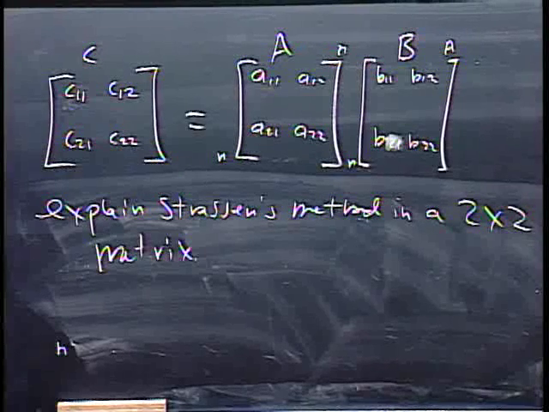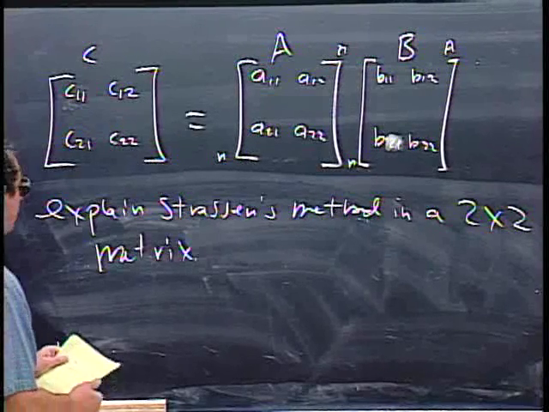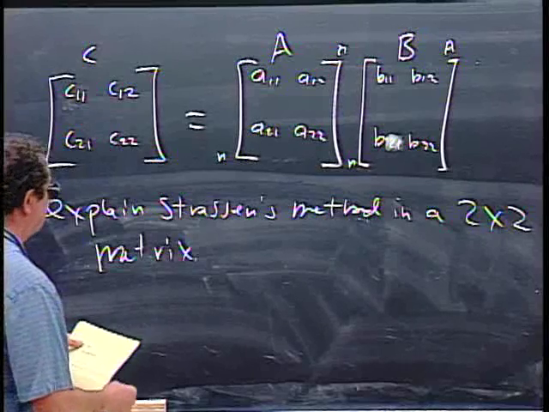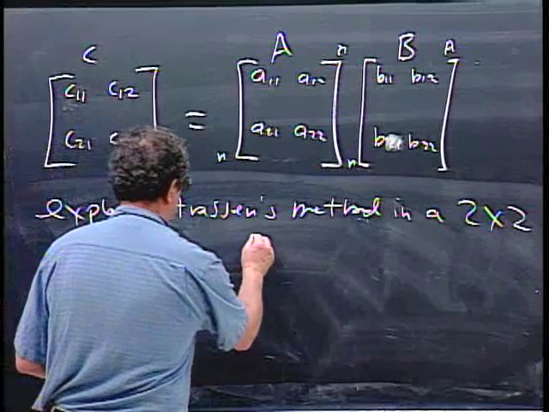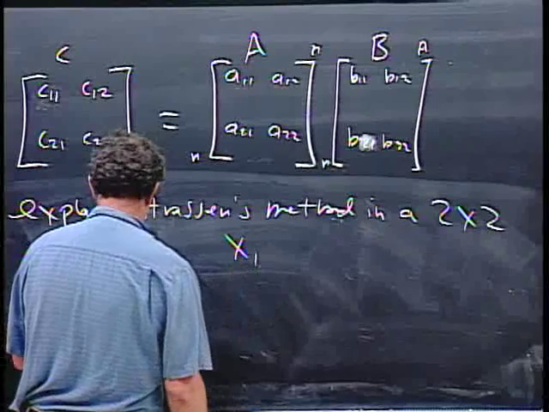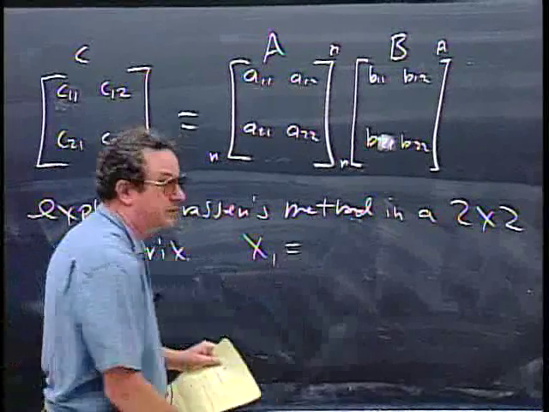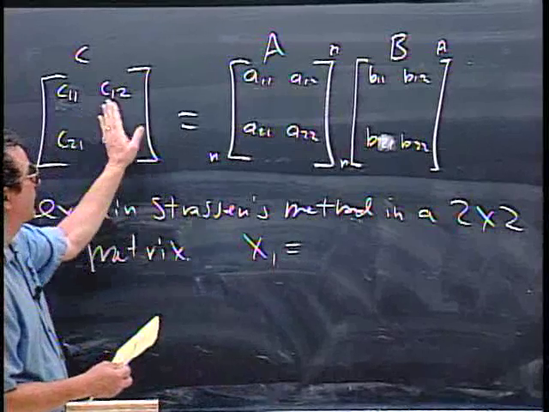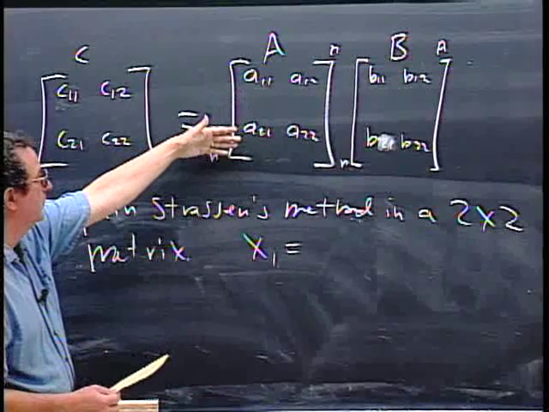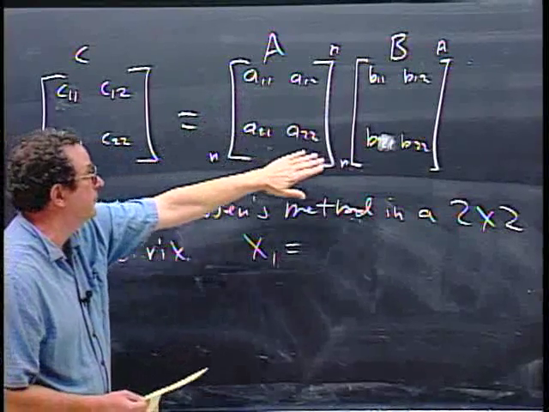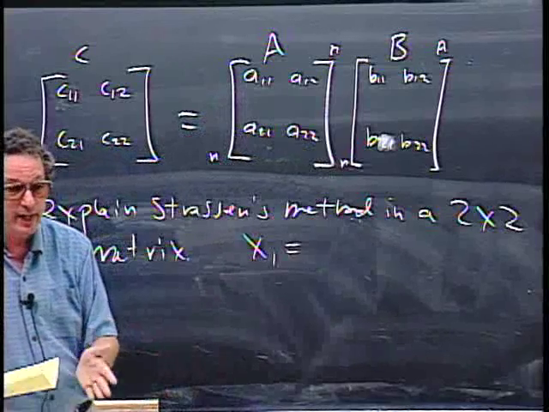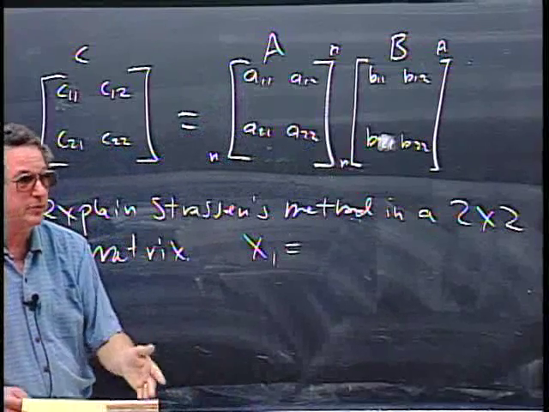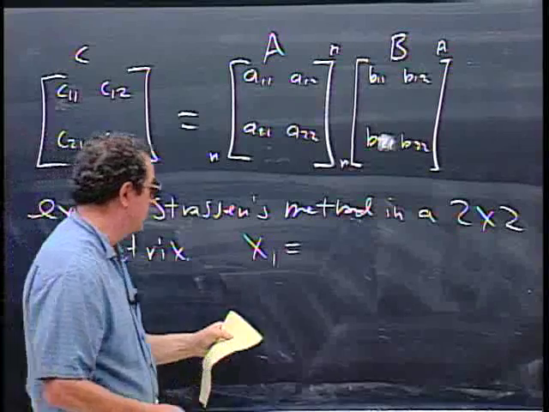Okay. Now, what Strassen showed is that first, in Strassen's method, we're going to do some arithmetic that doesn't at first seem related to multiplying these two matrices. And of course, we're going to have to count those particular operations when I say that there's 7 multiplications.